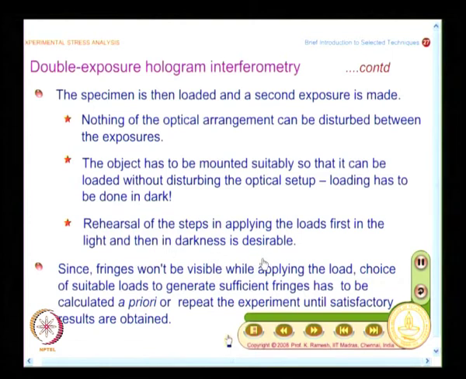So, you have to do some practice. When you want to record a hologram, from the loading point of view, since fringes will not be visible while applying the load, the choice of suitable loads to generate sufficient fringes has to be calculated a priori, or you repeat the experiment until satisfactory results are obtained.